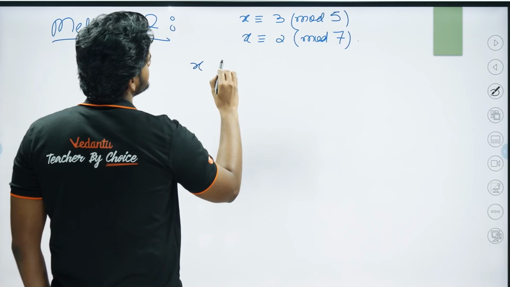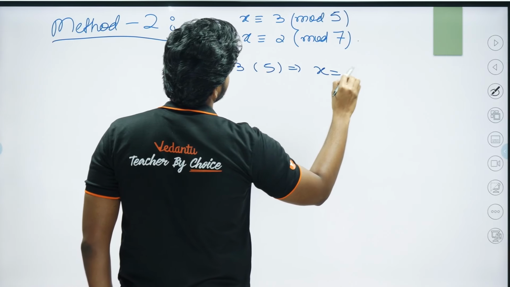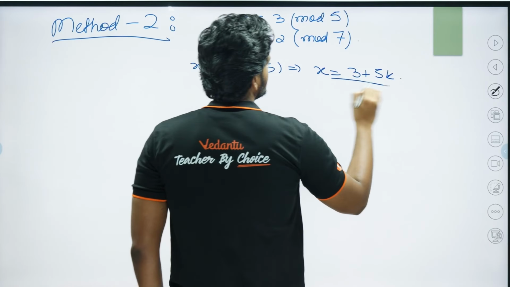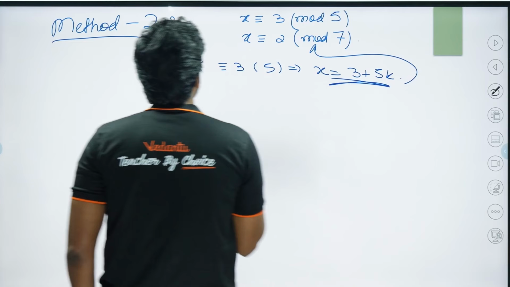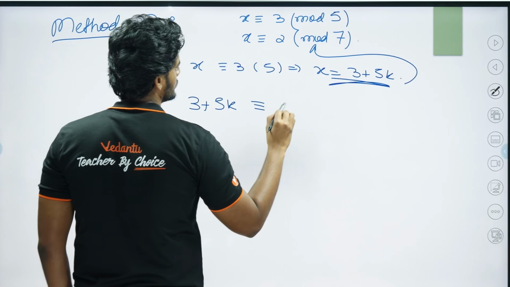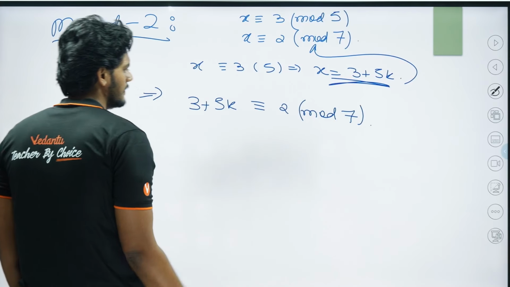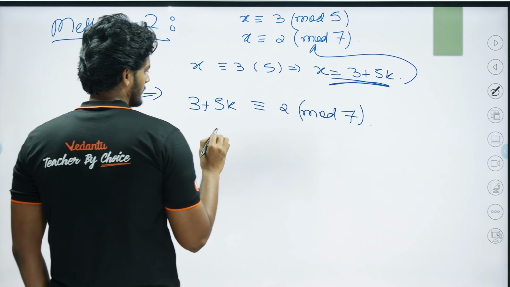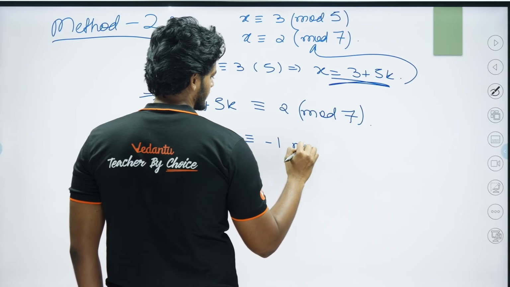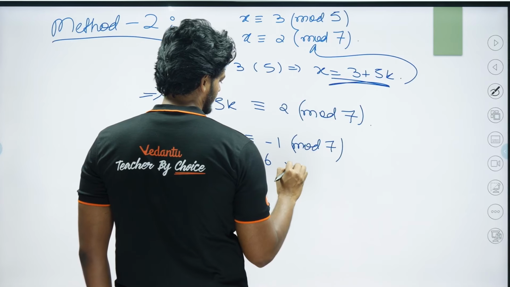X is congruent to 3 mod 5 tells us that x is of the form 3 plus 5k, right? Now you put this in the second one. That implies 3 plus 5k should be congruent to 2 mod 7. That implies 5k is congruent to minus 1 mod 7, which is congruent to 6 mod 7.